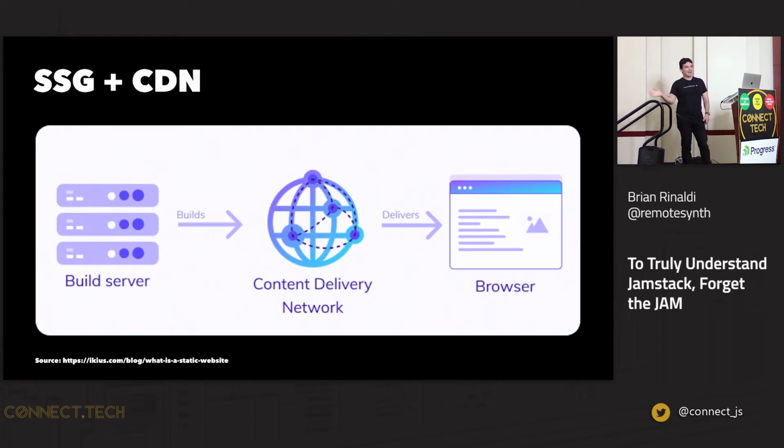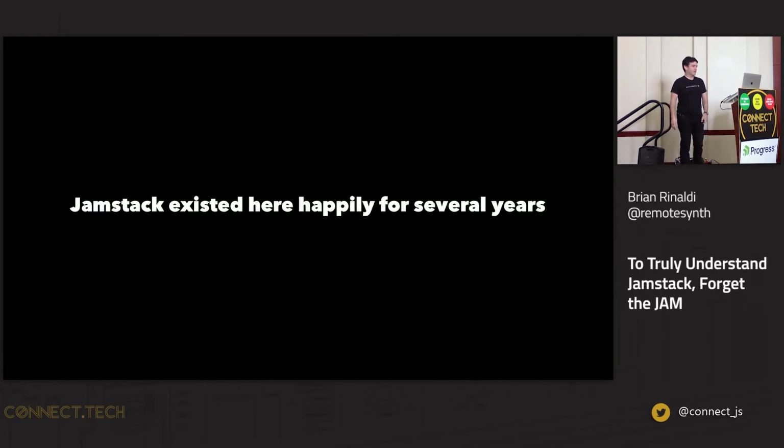Now I'm not serving from a web server, I'm actually serving from a CDN. That's part of what makes Jamstack really fast and really secure: the pages are static and they're served from a CDN. So that's one of the unique things that started to change what Jamstack was. That's a key thing in Jamstack, actually, that all this stuff is deployed to a CDN.